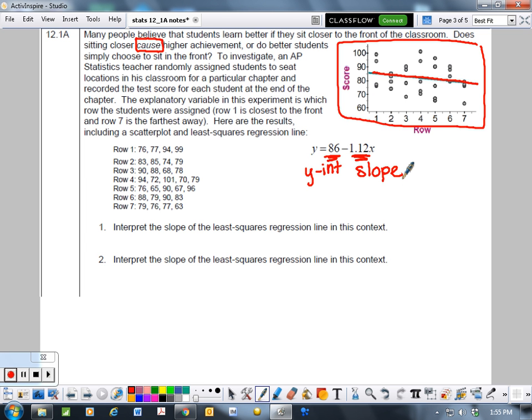It says interpret the slope of the least squares regression line in this context. The slope is looking at how our y value, or our response variable, changes. So how our score changes. So test scores.